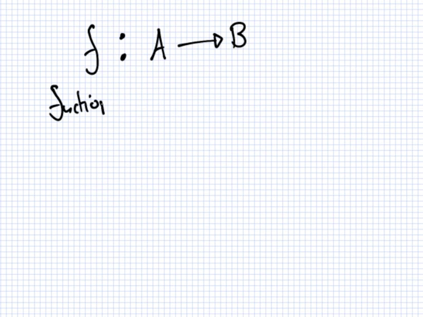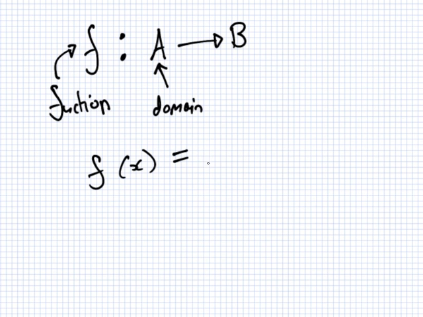So let's talk about some vocabulary. So this here is called the function. That's called the f part. The a is what's called the domain. And the b is called the codomain.